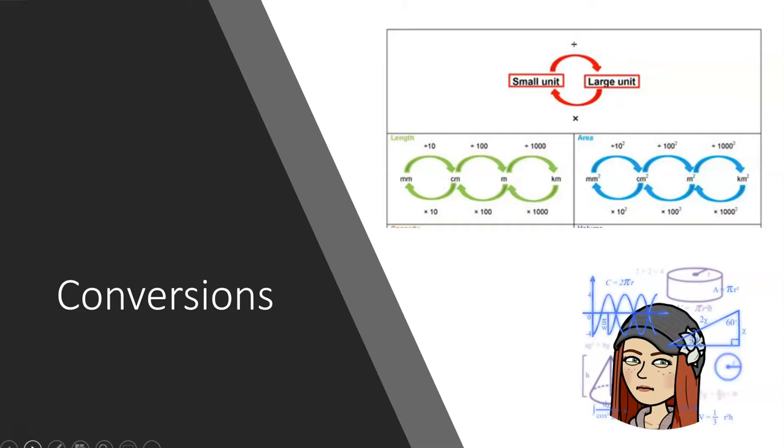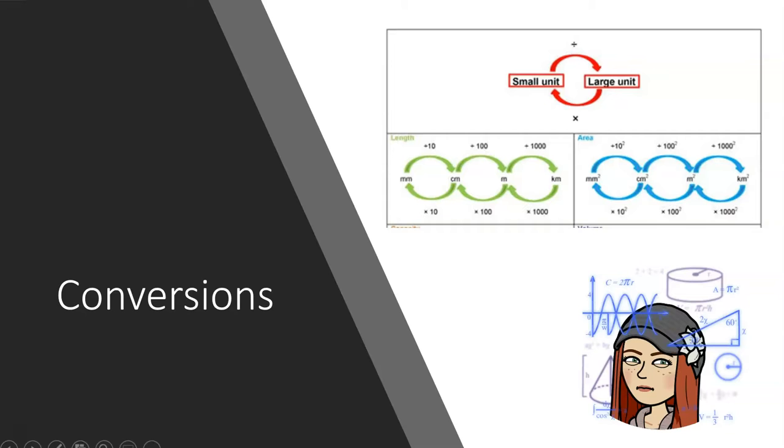Another thing we need to think about is conversions, because quite often you'll be looking at a problem and it could be measured in, say, centimetres and metres, and you're going to need to convert one value to another, because any calculations you're doing involving distances must be in the same unit.